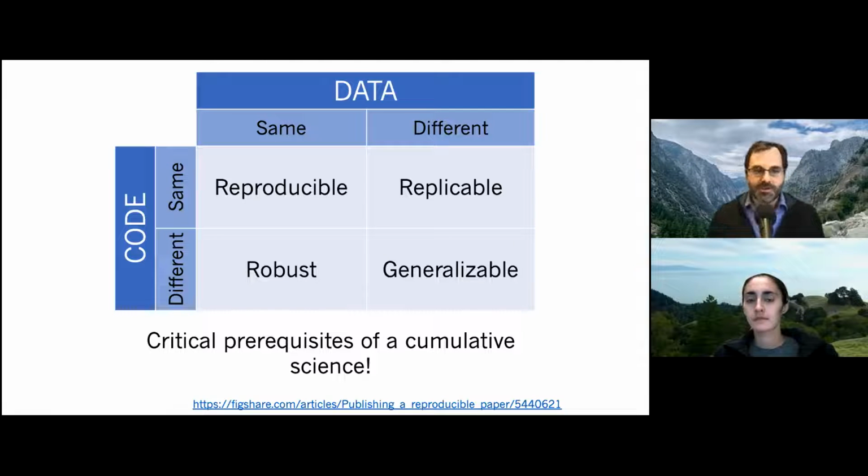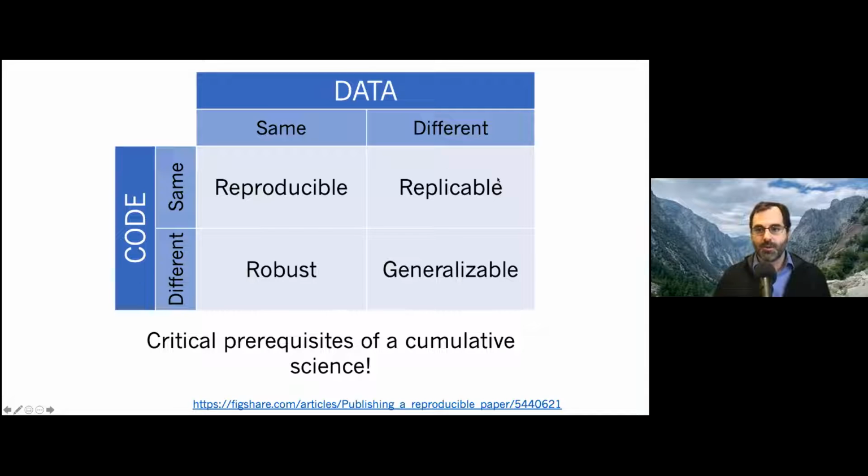I use these terms, and I think there's an emerging consensus around these terms, that if you have the same code and the same data and you produce something like the same result, that result is termed reproducible, or computationally or analytically reproducible. If it's the same code or same analysis, but on different data, that's termed replicable. That's a replication that's happening. If you're using different code or analysis specifications on the same data, that's a robustness check, or a sensitivity check in some people's terms.